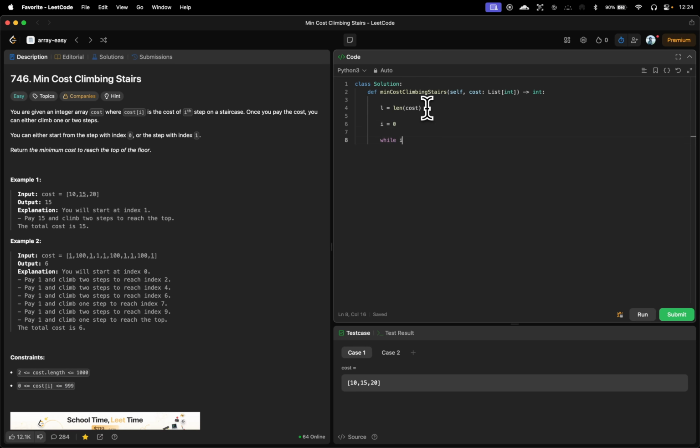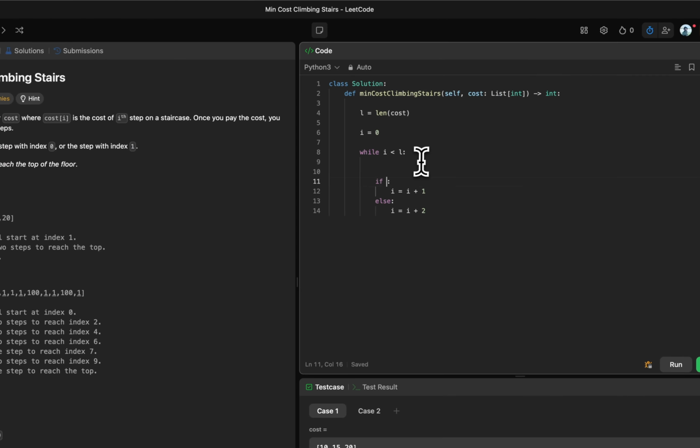Now while i is less than L, I can continue this, and at the end, depending on which condition passes, I want i equal to i plus 1, else i equal to i plus 2. This I want to do, and now I need to give the condition.